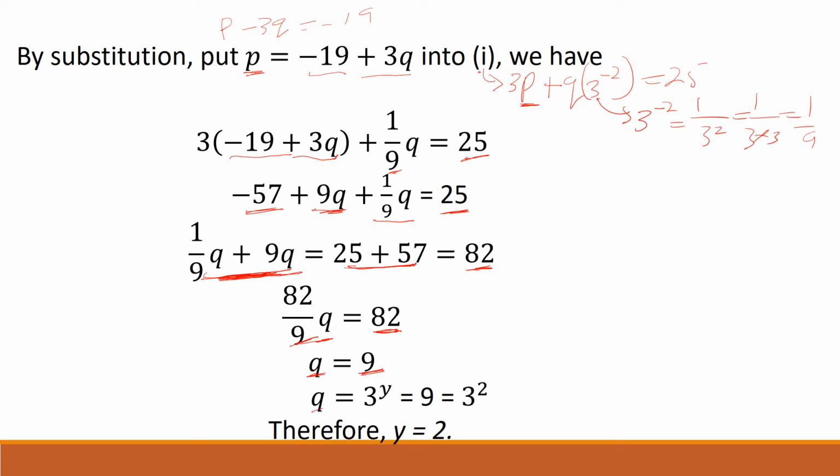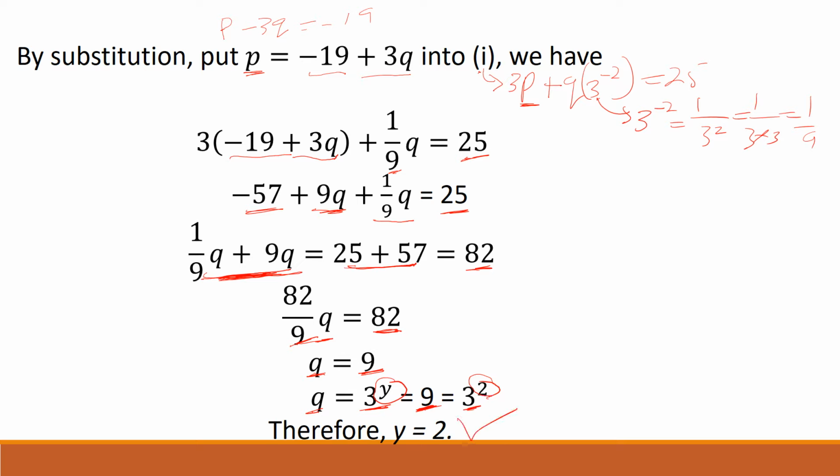And remember that q is representing 3 raised to power y. And since our q is 9, we'll reduce 9 to index form. Okay, we simplify it, and then we have 3 raised to power 2, and that tells us that our y is equal to 2. Okay, our y is equal to 2.